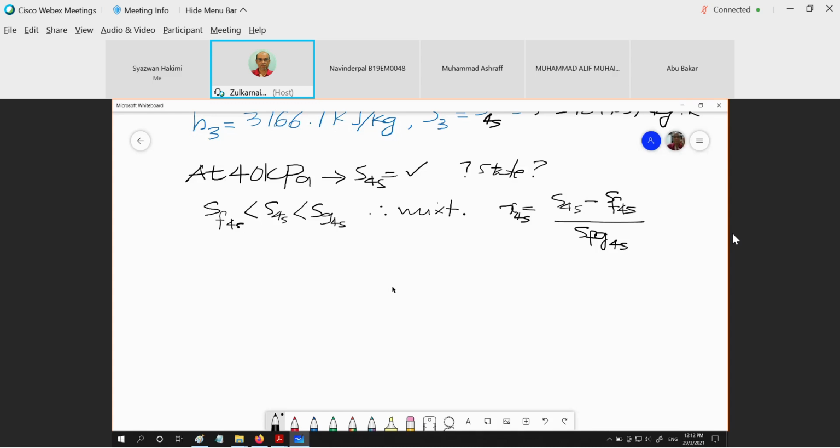Why do we need this X4S? Because when we want to solve for H4S, because it is mixture, we have to use this formula: HF4S plus X4S HFG4S, in order to get your H4S.